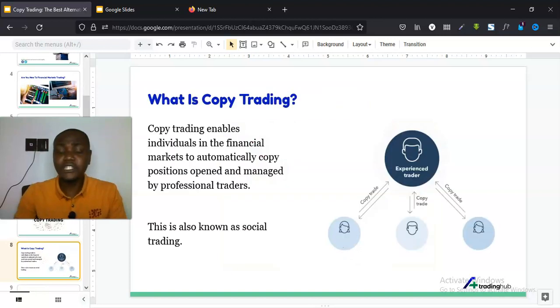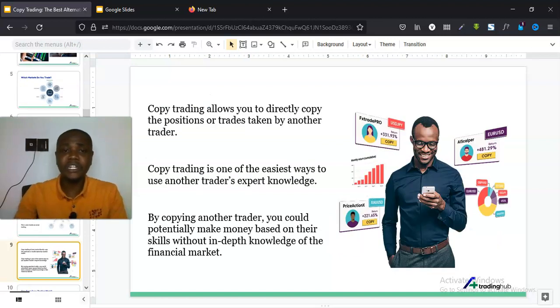So if you are just hearing the word copy trading, right? Copy trading enables individuals in the financial markets to automatically copy trades owned and managed by professional traders. It is also known as social trading. Copy trading allows you to directly copy the positions and trades taken by another trader. It is the easiest way to use another trader's expert knowledge.